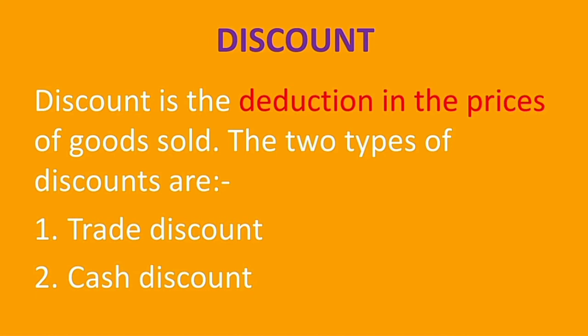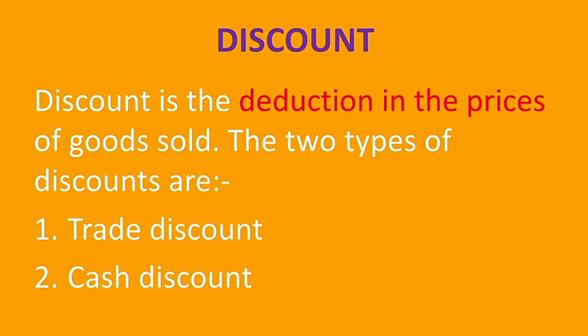Now the third one is discount. Discount is the deduction in the price of goods sold. That means if we are getting a deduction from the price, such deduction is known as discount. And the discounts are of two types, trade discount and cash discount. First one, trade discount.